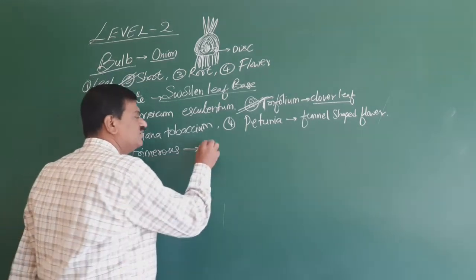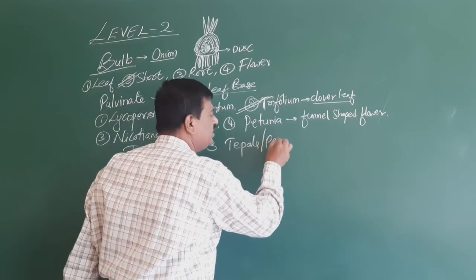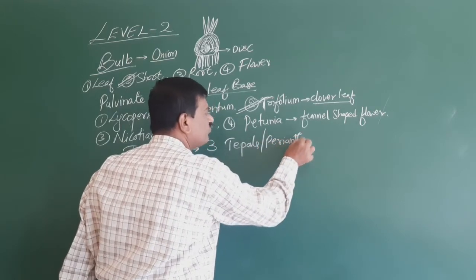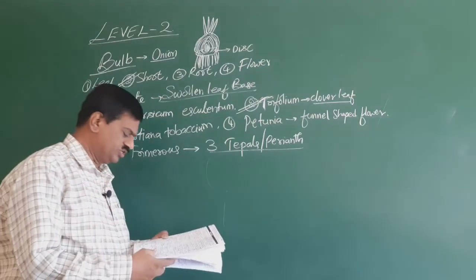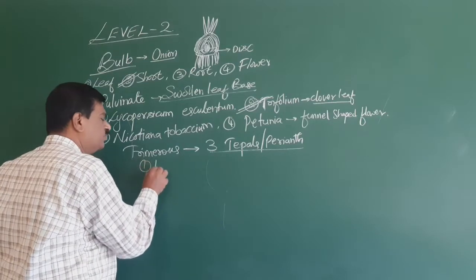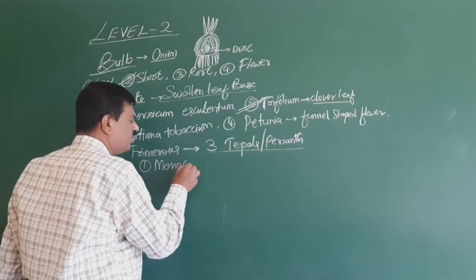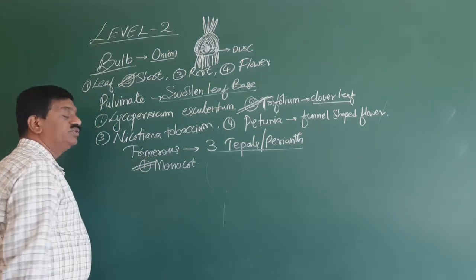We call it 3 tepals. It is nothing but 3 perianth. 3 perianths have been present. Hence we use the word trimerous. So trimerous is always present more in the monocots. In monocot, for example coconut, we see that there is a presence of trimerous.